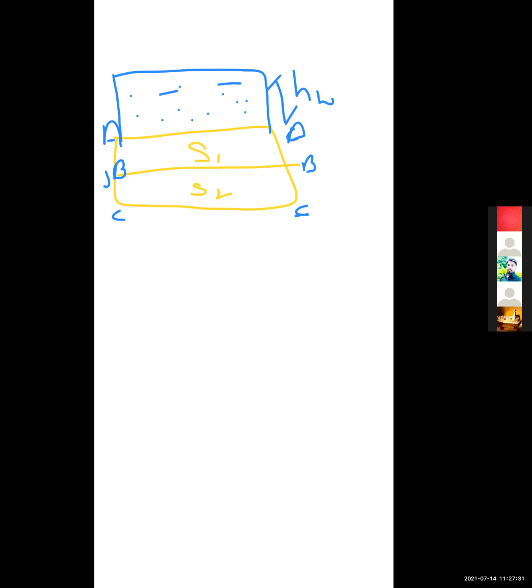Calculate everyone. At A, B, and C, what is the value of effective stress, total stress, and pore water pressure? Water table is available above the A level up to height HW.